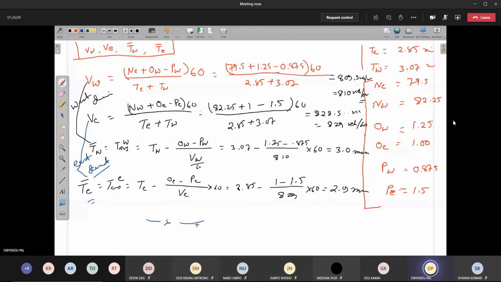It cannot be volume. Though it is written VW in this problem, I have also used the same symbol. Actually, it is flow. We cannot write volume, because in the volume case, if you want your time to be 1 hour, then exactly 1 hour of data you have to collect. But here we are not doing the same. So we are converting it, so that means it is flow.